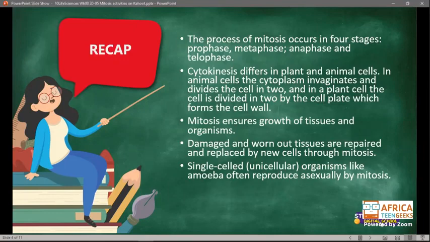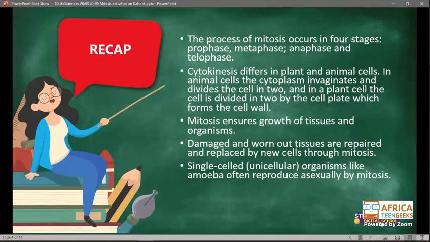We know that in animal cells, the cytoplasm invaginates or infolds, and it divides the cell into 2. So cytokinesis is the splitting of the cytoplasm.